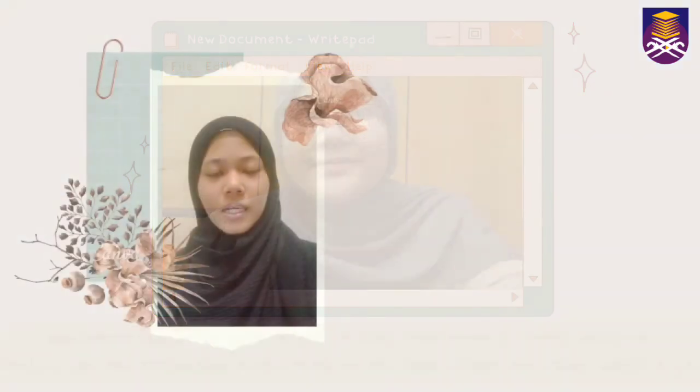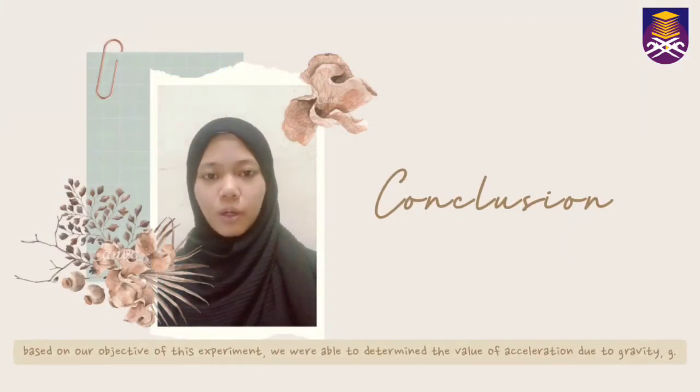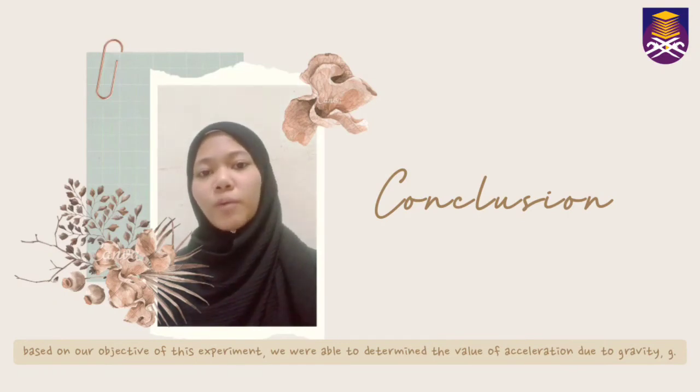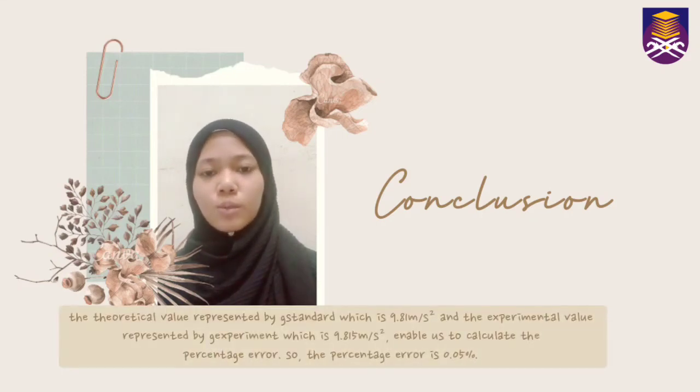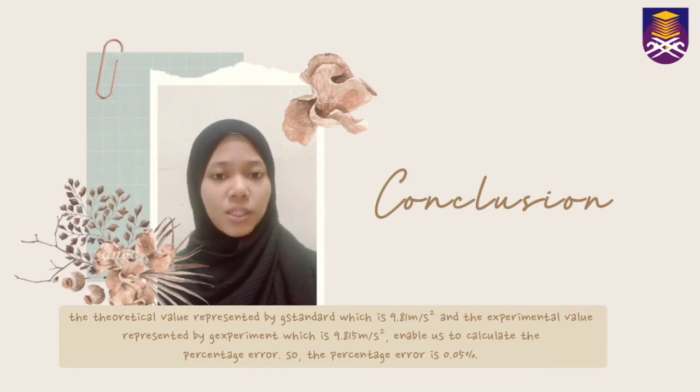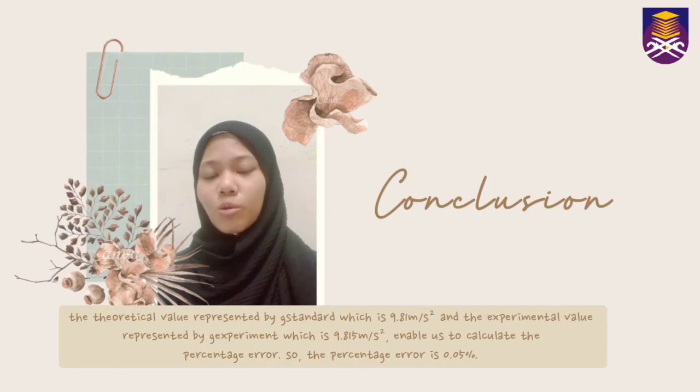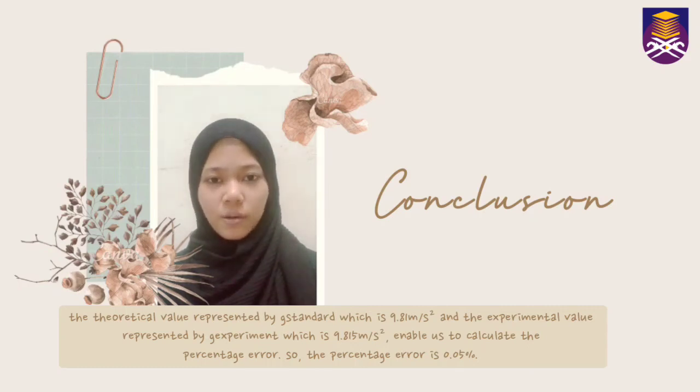Which is great. Based on our objective of this experiment, we were able to determine the value of acceleration due to gravity g. The theoretical value, represented by g standard, is 9.81 meters per second squared, and the experimental value, represented by g experimental, is 9.815 meters per second squared, which enables us to calculate the percentage error.